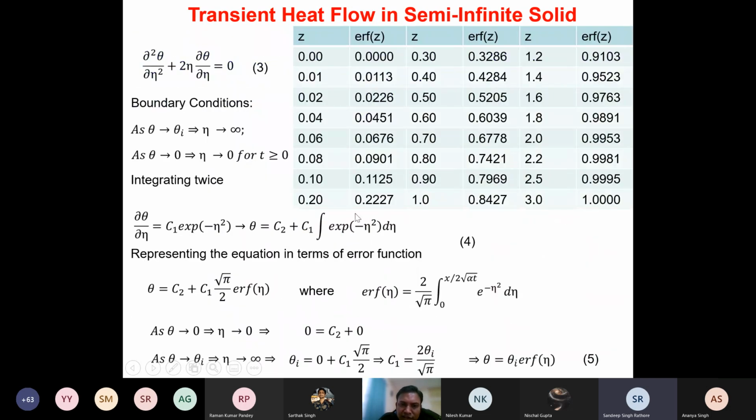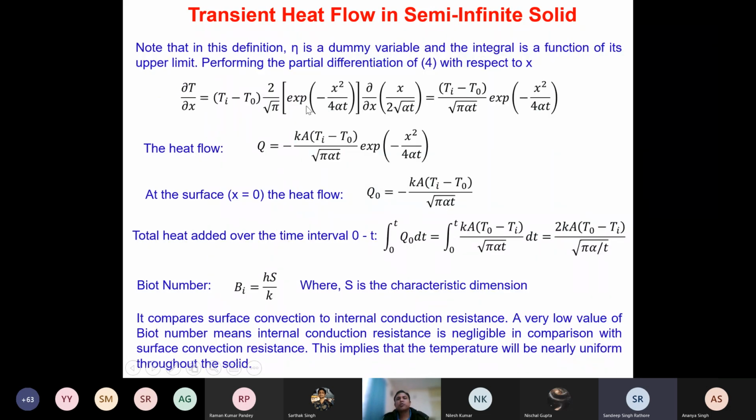So this differentiation of this integral gives us exponential of minus x square by 4 alpha t times dou by dou x of x divided by 2 under root alpha t. And if we rearrange this entire thing, what we get is (Ti minus T naught) divided by under root pi alpha t, exponential of minus x square by 4 alpha t.